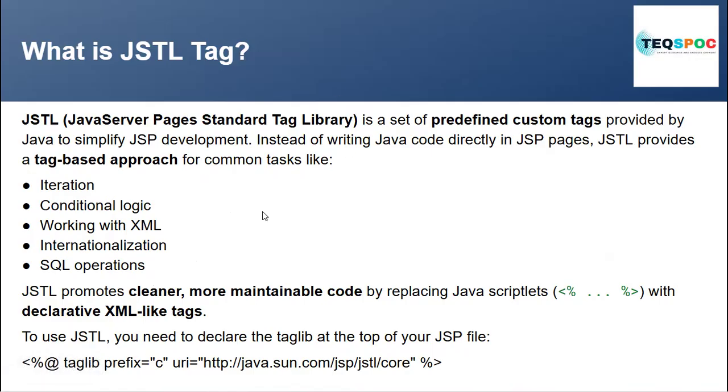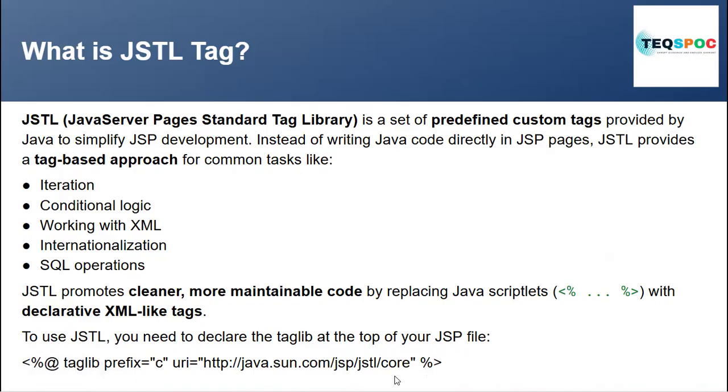To use JSTL, we have to write this taglib line, with prefix equal to c and the URI, and import it in every JSP page.